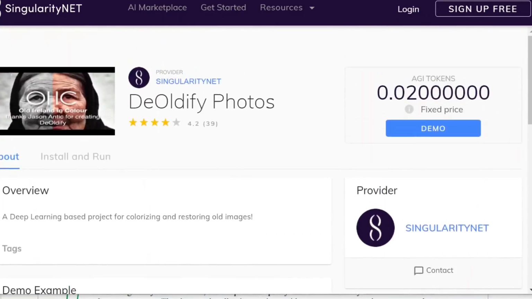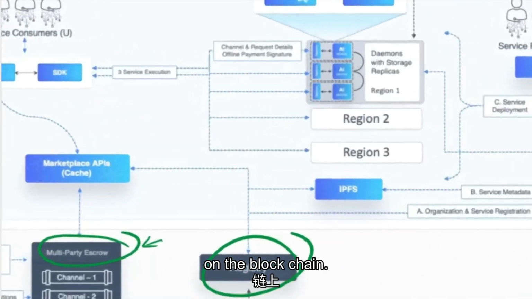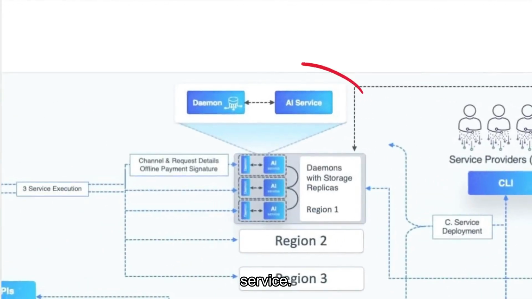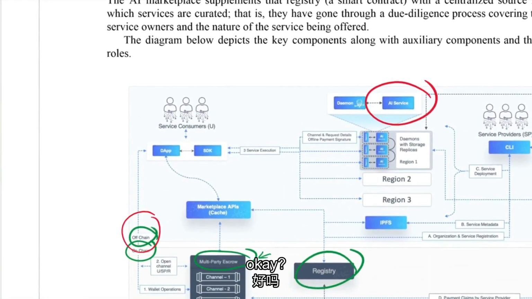It works. But it's important to realize that the computation does not happen on the blockchain. You send money on the blockchain, and the AI service runs off-chain. So this is off-chain, okay? So it is not a secure AI. You still need to trust the thing you're calling, right?